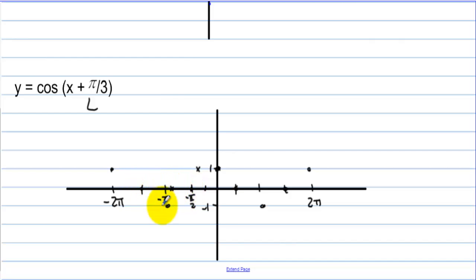Almost maybe right there. So this one's going to come over to here, that one will move over, and this one the same amount. So we're estimating that this much is moved pi over 3 to the left.